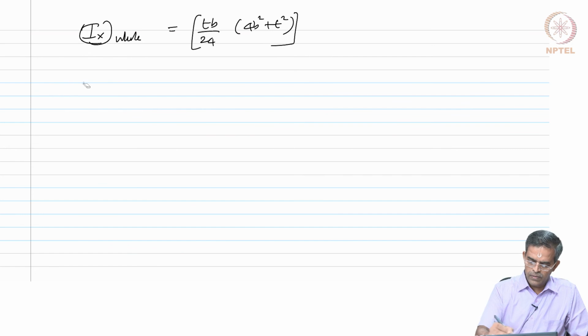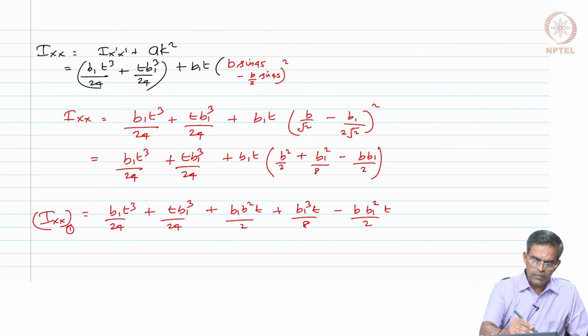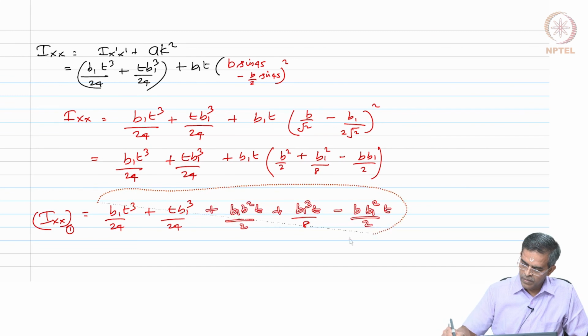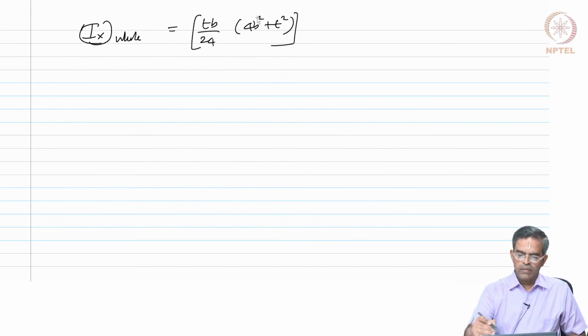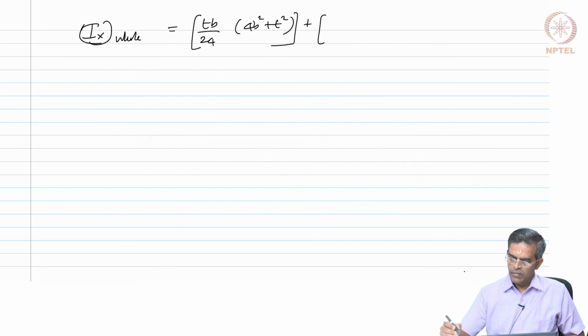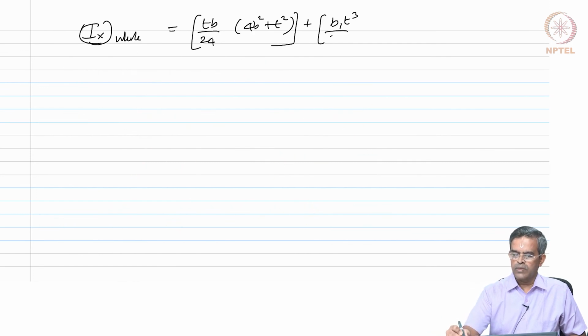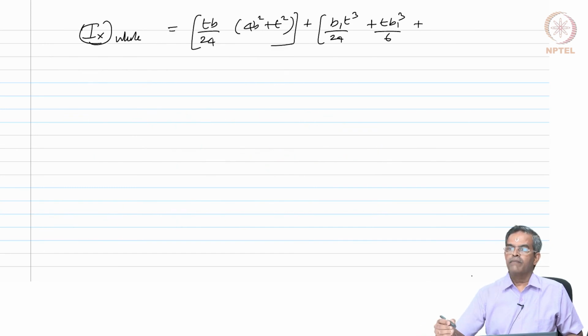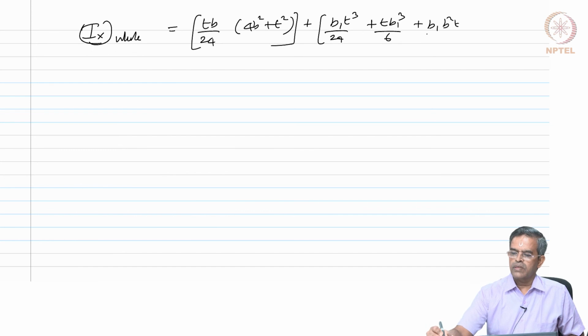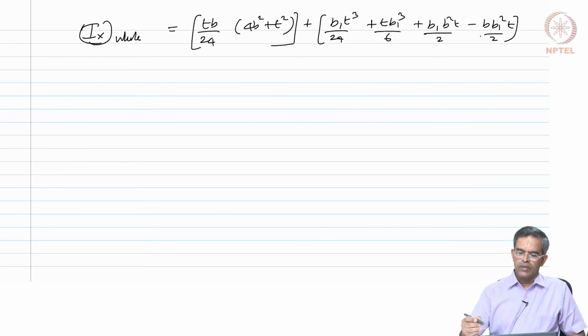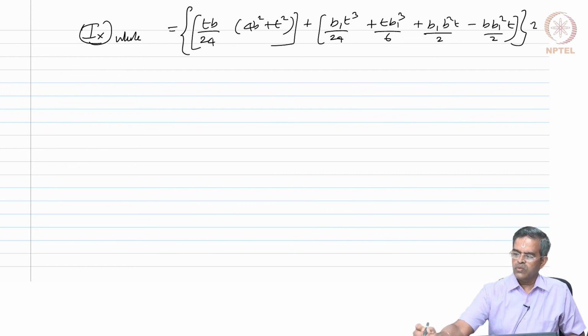Let me rub this, then I will copy this down, which I will write it here, plus B1 T cube by 24 plus T B1 cube by 6 plus, I am simplifying, okay, plus B1 B square T by 2 minus B1 square T by 2, the whole into 2.